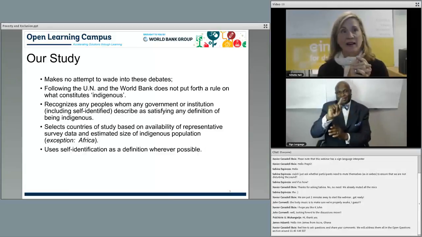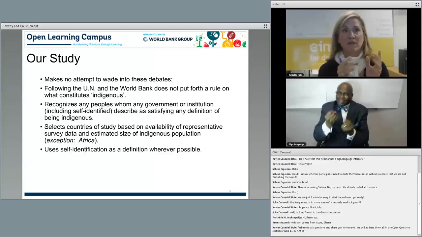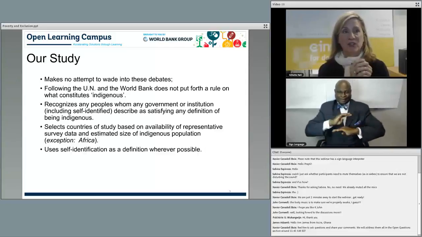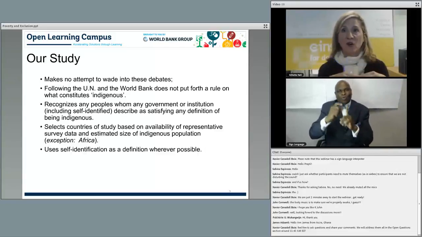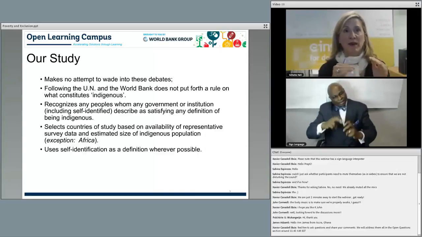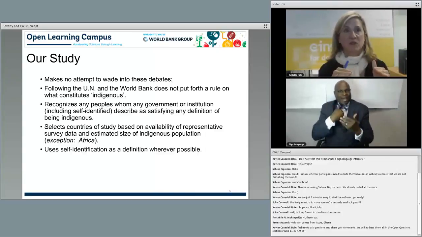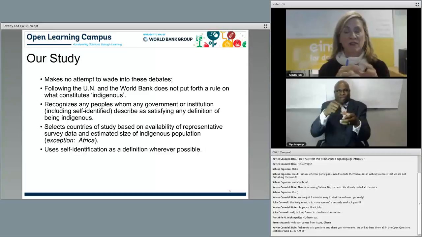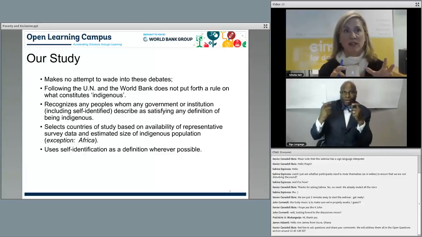We go ahead and recognize any peoples whom a government or any institution, including self-identified groups, describe as satisfying any definition of being Indigenous. But then to do our empirical analysis, we are limited by countries that have representative survey data and a rough estimate of the size of the Indigenous population. So basically, we try to go everywhere where there's a large Indigenous population and where we have good data.